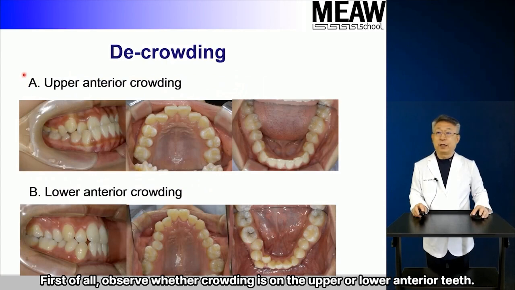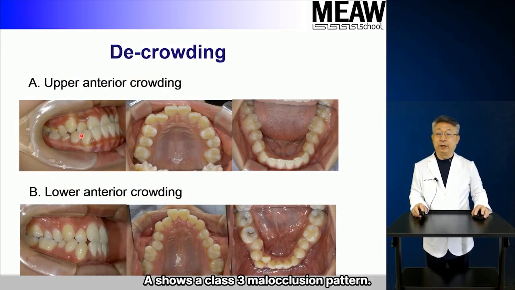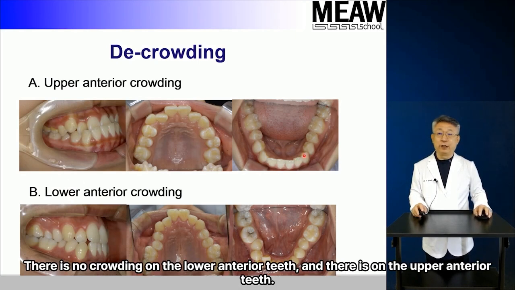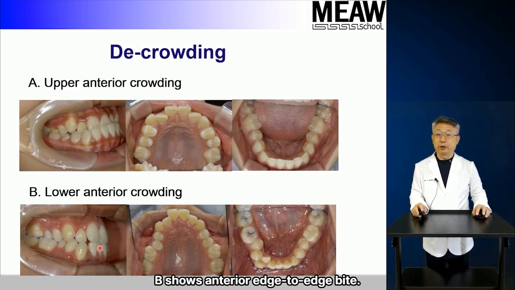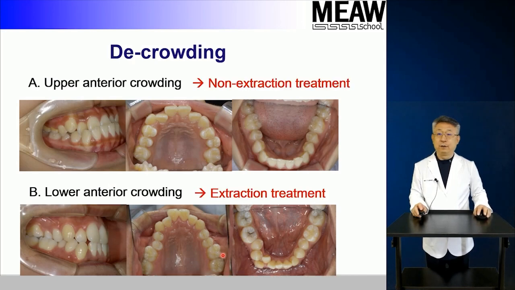First of all, observe whether crowding is on the upper or lower anterior teeth. A shows a class 3 malocclusion pattern. There is no crowding on the lower anterior teeth, and there is on the upper anterior teeth. B shows anterior edge-to-edge bite.